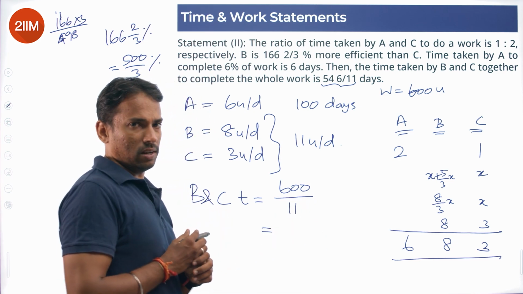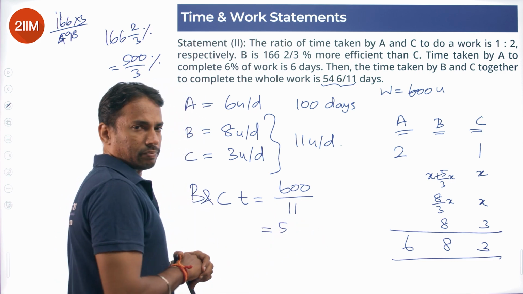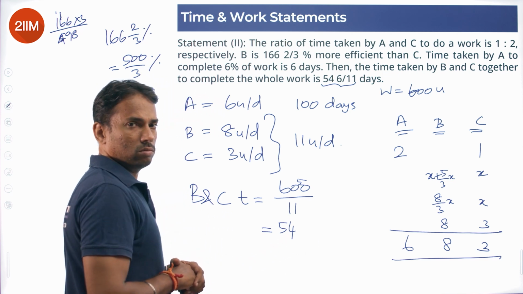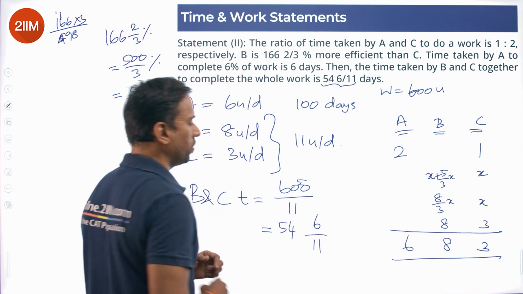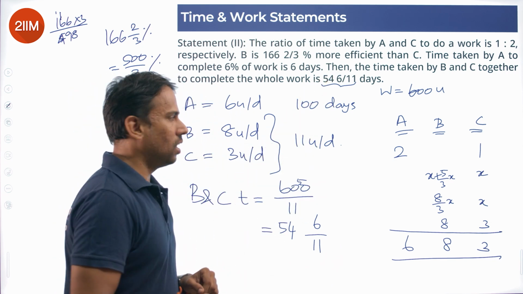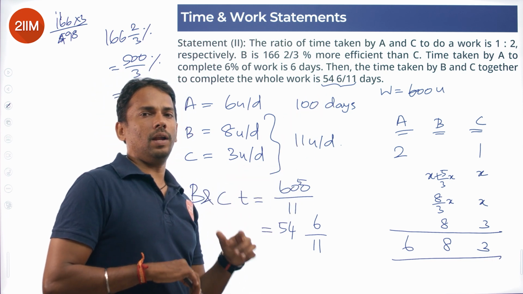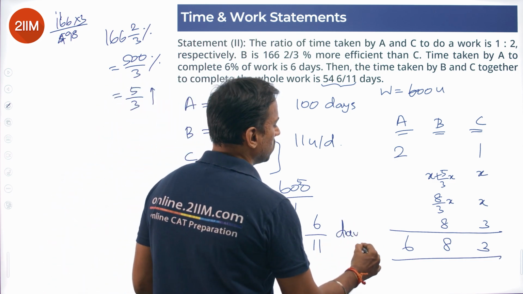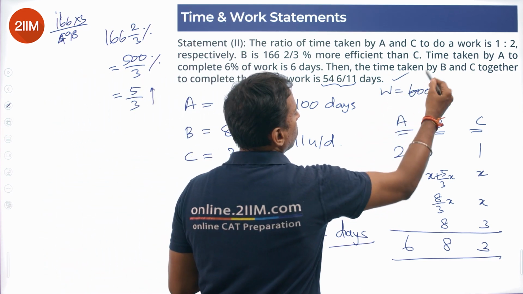So 600 by 11 will be actually 11 5s are 55. Again 5. 11 4s are 44. 50 minus 44, balance 6. 6 by 11. So 54 6 by 11. Exactly what we have in this question. That means a work which is done by A completely in 100 days will be done by B and C together in 54 6 by 11 days, which is correct as per question. That means statement 2 is correct.